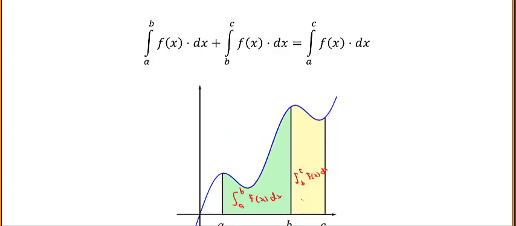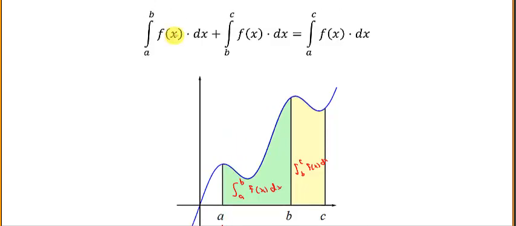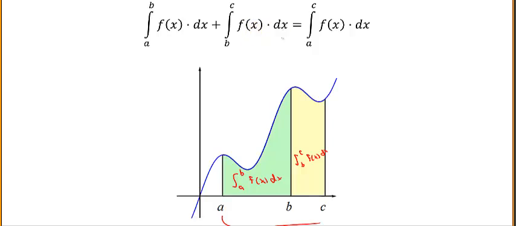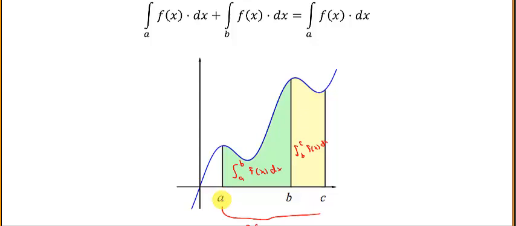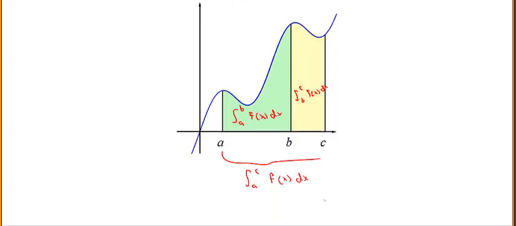So geometrically, this area plus this area is this area. As it turns out, I've drawn this so that a is less than b is less than c, but a, b, and c can be arranged in any order and that property would still work.